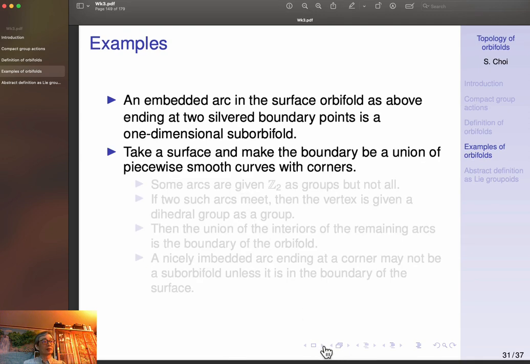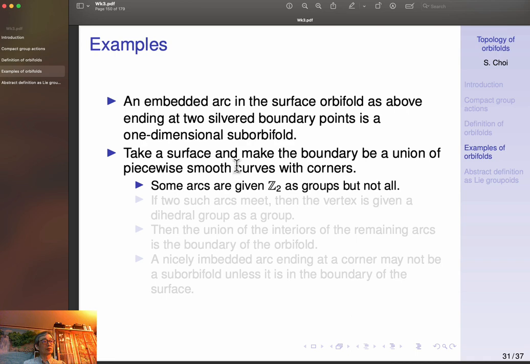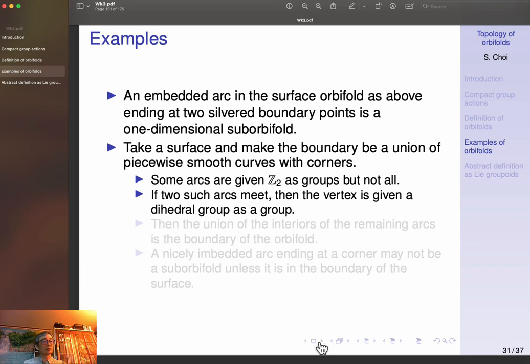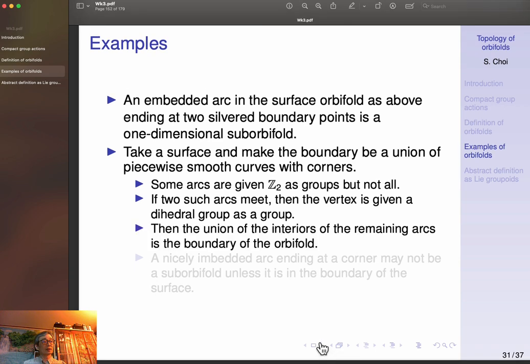I'm repeating the same thing: take a surface, make the boundary piecewise smooth curves with corners, and give a G_2 action in the interior of the arcs. Then vertices can be given dihedral group action. Maybe you don't give all the arcs these G_2 actions.